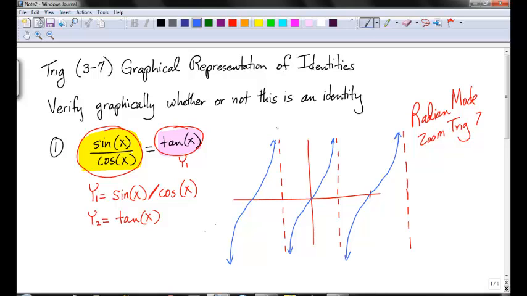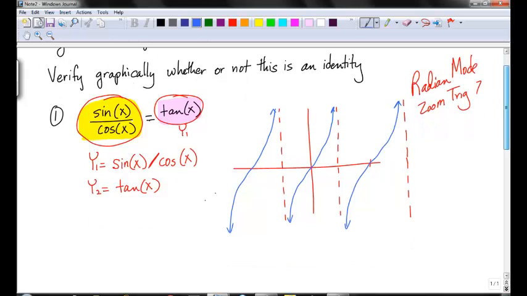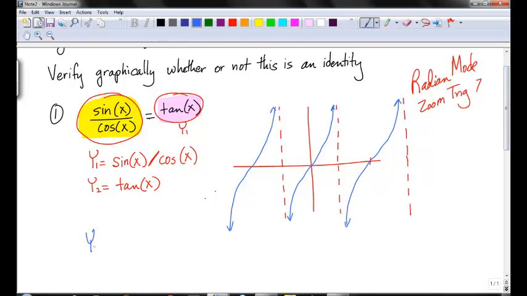So now I'm on the first equation, I've got my ordered pair. Use your up and down arrow, I'm on the second equation, same ordered pair. So yes, this is an identity. So on this one, you only need one graph because it's an identity. If it's not an identity, okay, then you need two graphs.